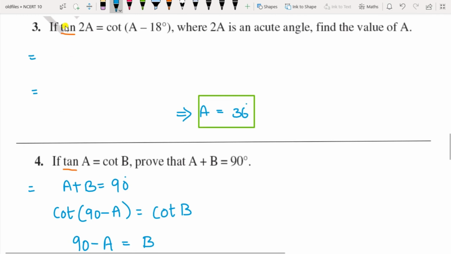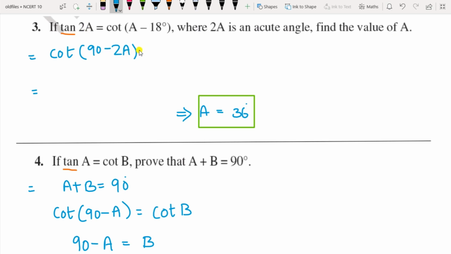Next question here: if tan of 2a equal to cot of a minus 18, where 2a is the acute angle, we have to find the value of a here. So in place of tan of 2a we can write cot of 90 minus 2a. Tan of theta is cot of 90 minus theta.